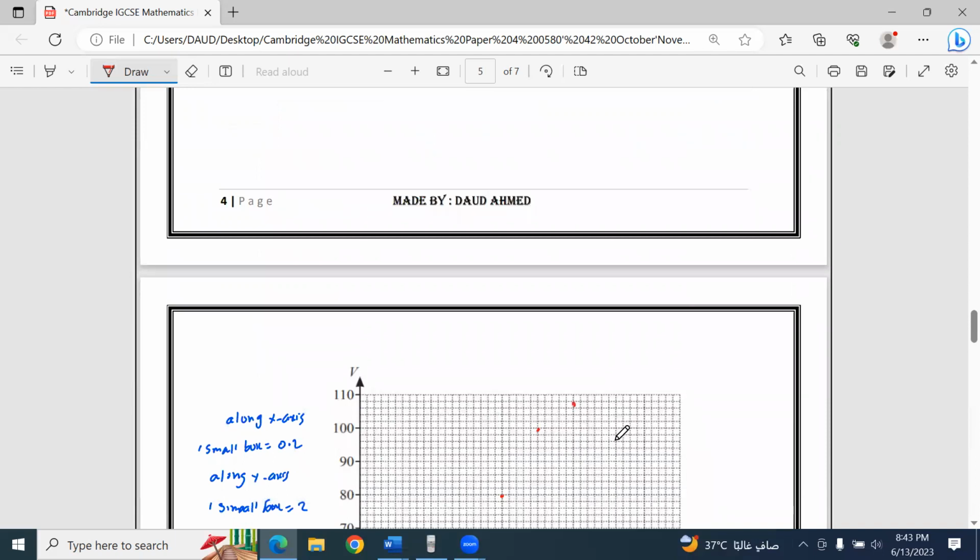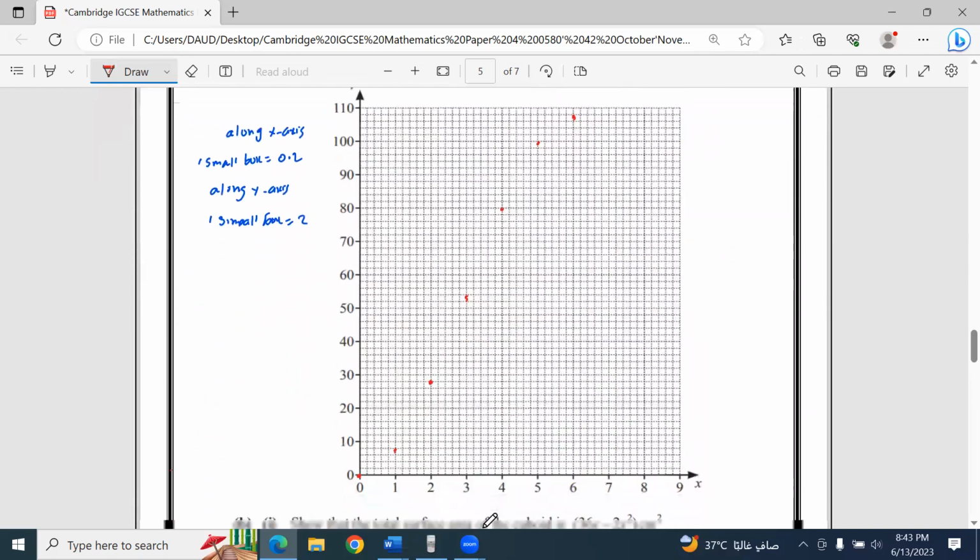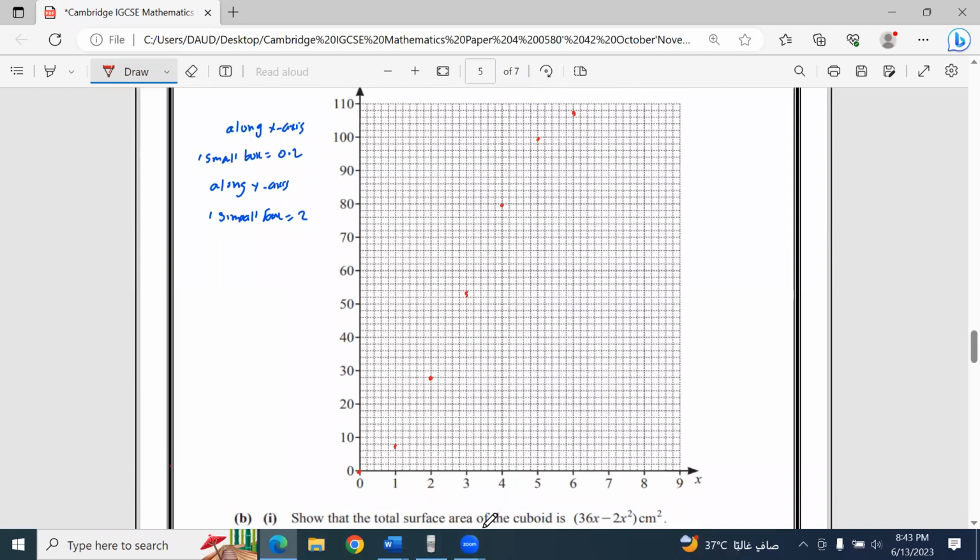If we check 7, we will go up straight away, where it comes 98. So 98 is behind or under 100, one box.